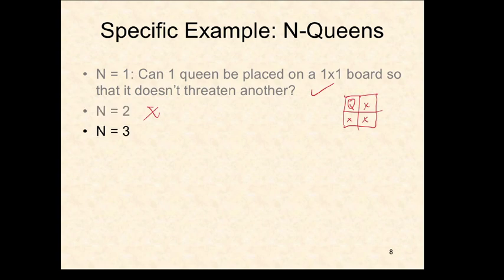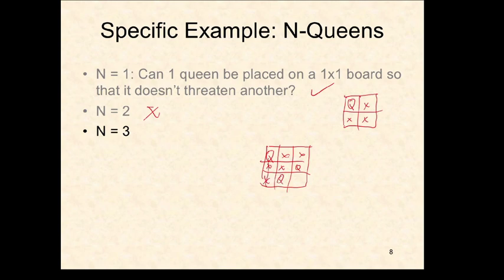N equals 3 gets a little bit more work. So if I have a 3-by-3 chessboard, if I put a queen there, then I can't put anything else in row 1. I can't put one there or there in row 2. If I put one here in row 2, then I can't put one here because of that queen.